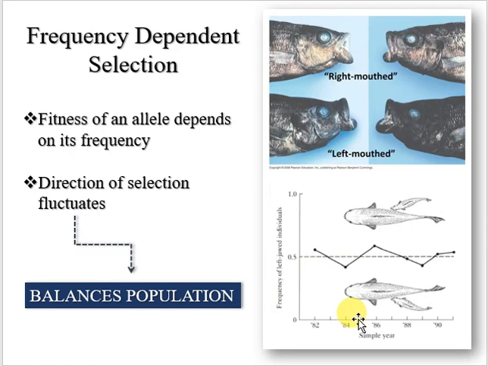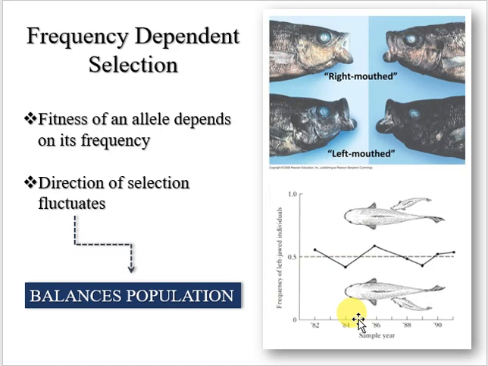And slowly you'll have a shift in allele frequency where you have a decrease in the survivability and therefore the prevalence of left-mouthed and a shift to right-mouthed.